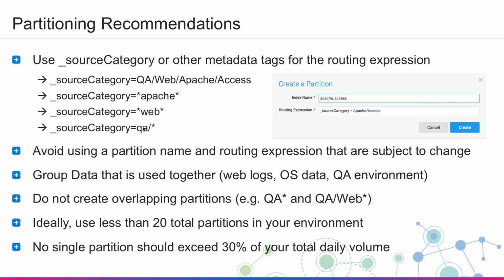It makes the actual routing expression much more simplified. Right? The last example here is, again, for somebody who's only worried about what's happening in the QA environment, you can create a partition just for all data within your QA environment.